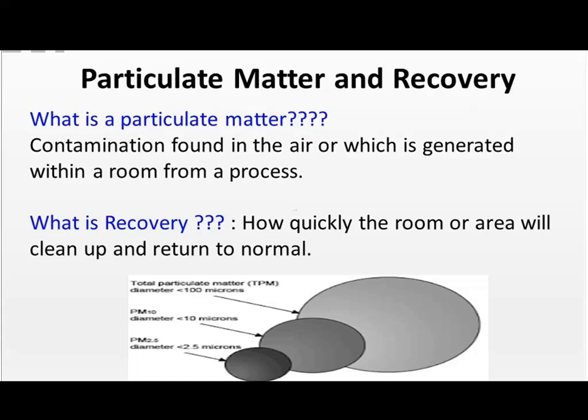So when we're talking about particles, we're looking at particulate matter. And what is particulate matter? Particulate matter is, of course, contamination that is in the air, and is generated within our processes when we're manufacturing.